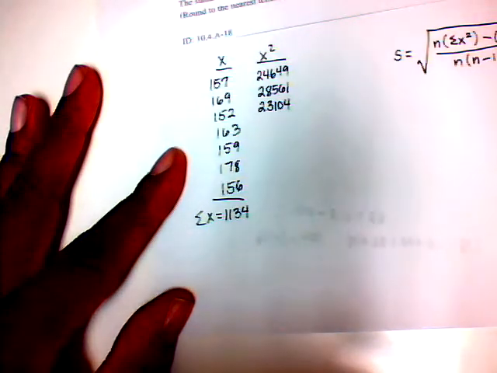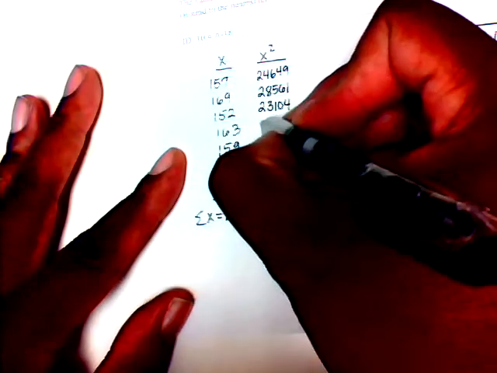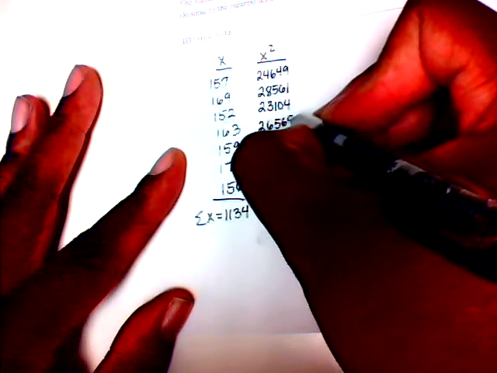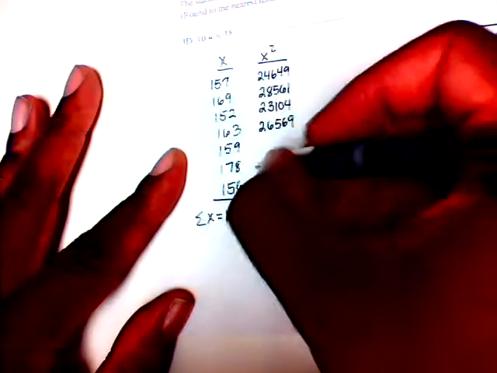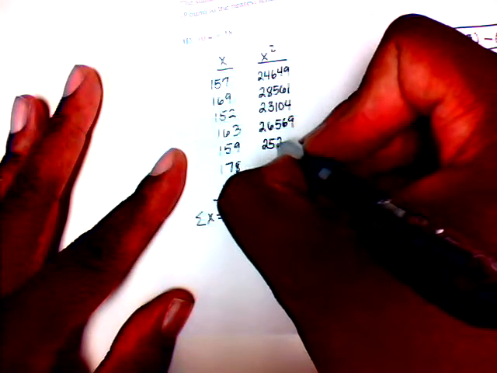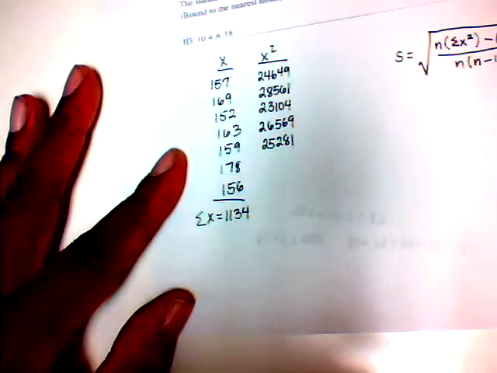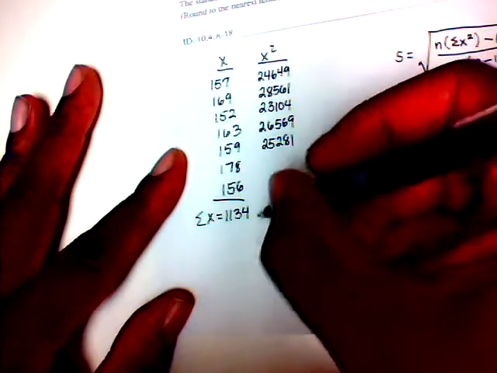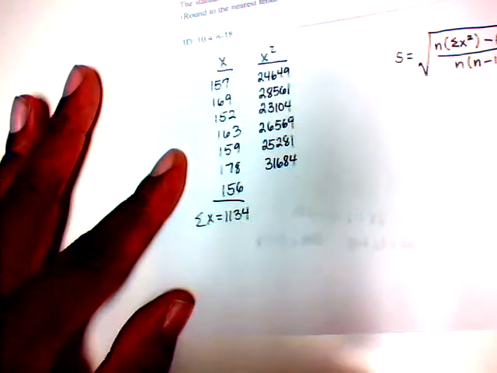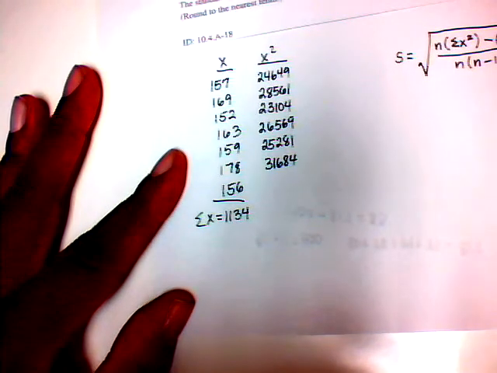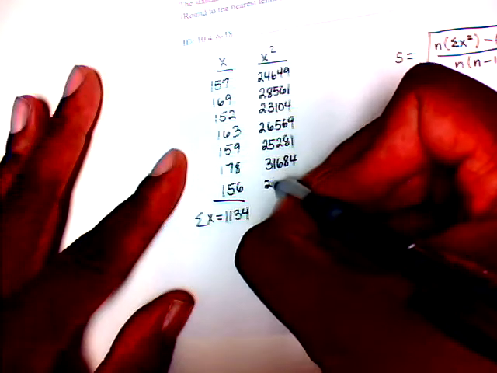Square 163, that's going to give me 26,569. Square 159, that would give you 25,281. Square 178, that would give you 31,684. And square 156, that would give you 24,336.